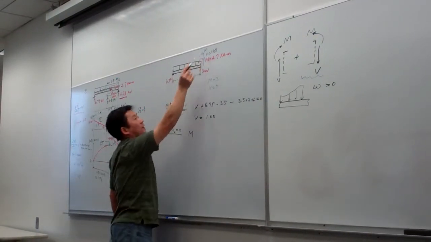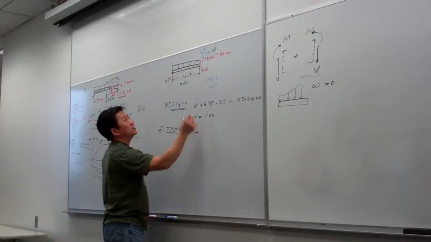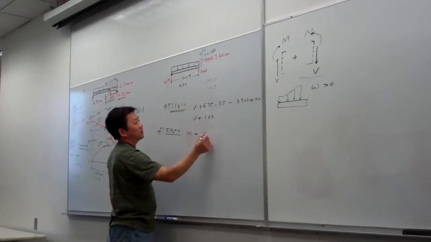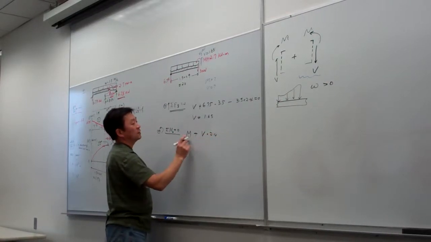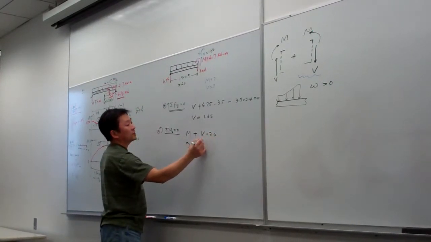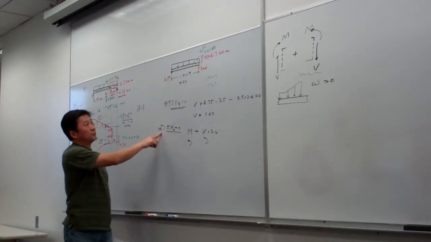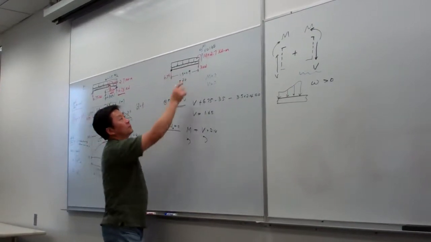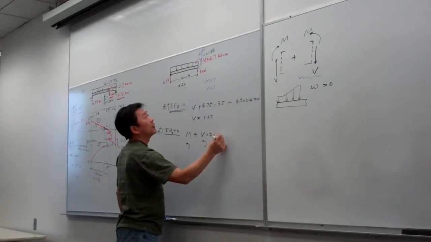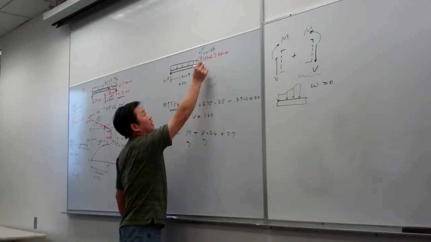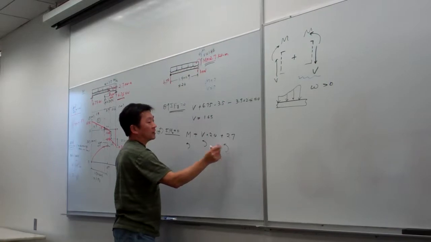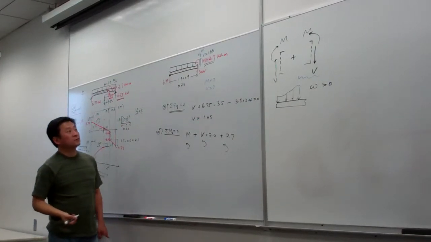So we have this one, and then we plus our V multiplied with 2.4. The M is in this way, V contributes the bending in that way, so positive per our sign here. And then plus this one, N, 2.7, and again that is contribution in this way, so positive.